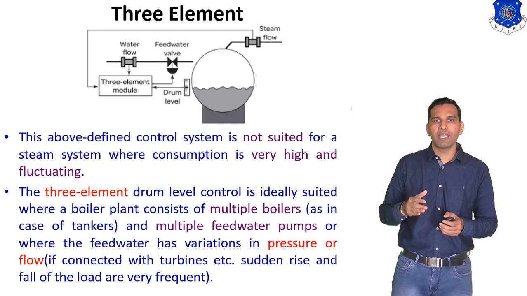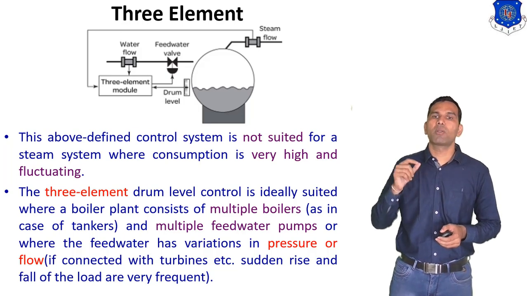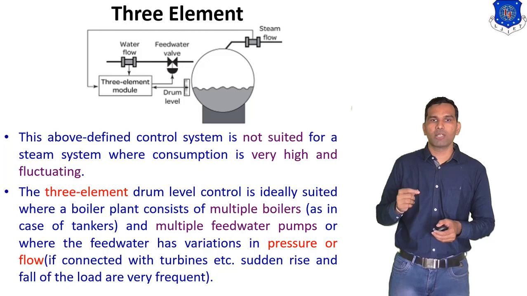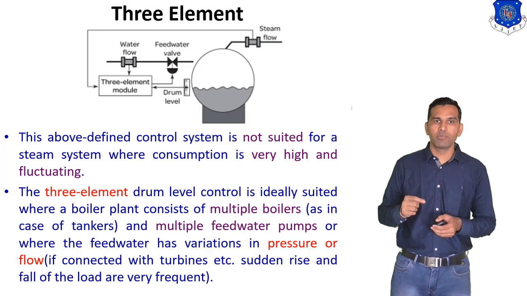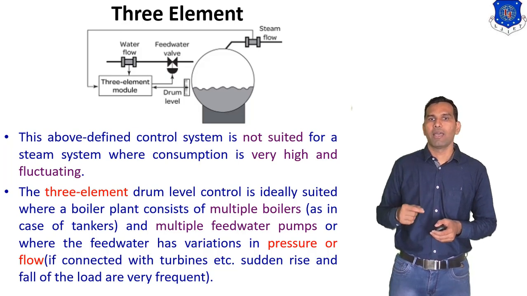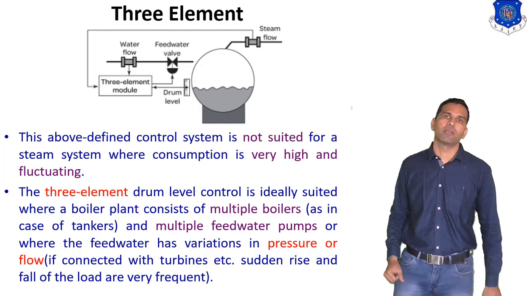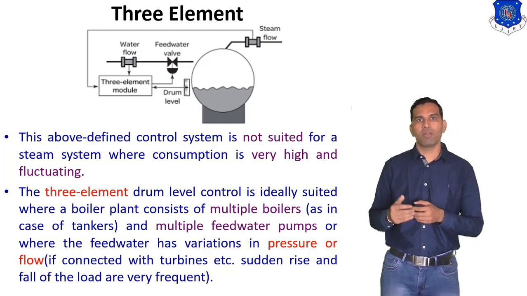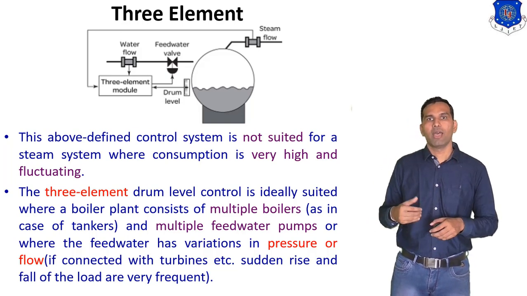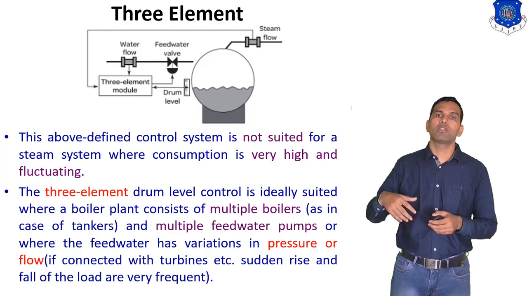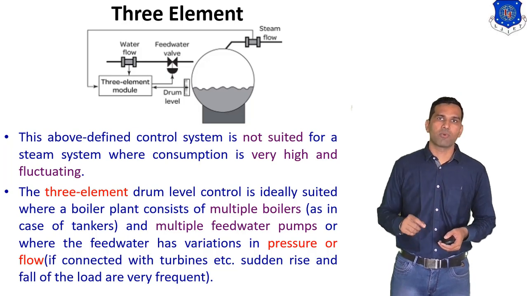That means where we require more than one boiler and multiple feed water pumps, or where the feed water has variation in pressure or flow. If connected with a turbine, sudden rise and fall of the load are very frequent. So this system is suitable where there is a change in the inlet water flow rate, and also a change in the outlet steam flow. So this is the best for this type of system.